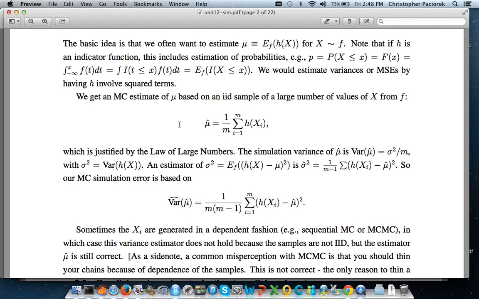And that comes from the fact that I am first estimating the variability across these values, and then I have a 1 over m for the fact that this Monte Carlo average is just an average.